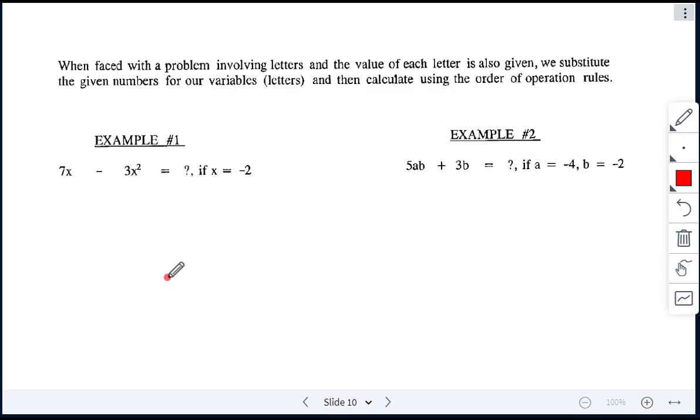All right, so let's go ahead and start by substituting. So x is equal to -2. We're going to substitute that in everywhere for x. So 7 times -2. Then we have -3, and it's x squared. X squared means x times x. So here I'm just going to write that as -2 squared like that.